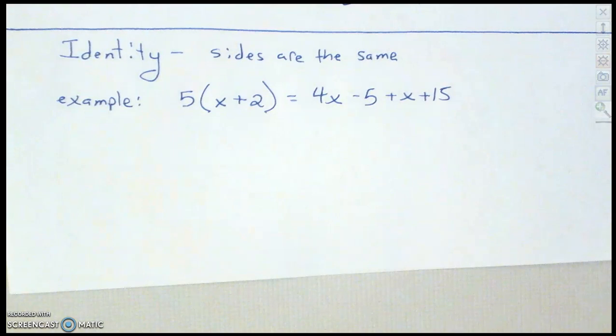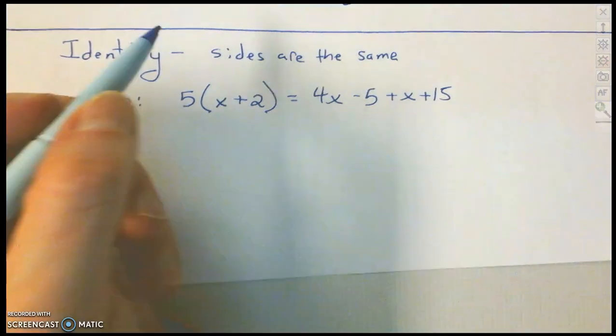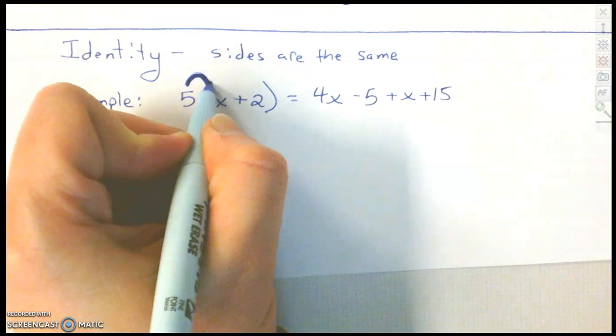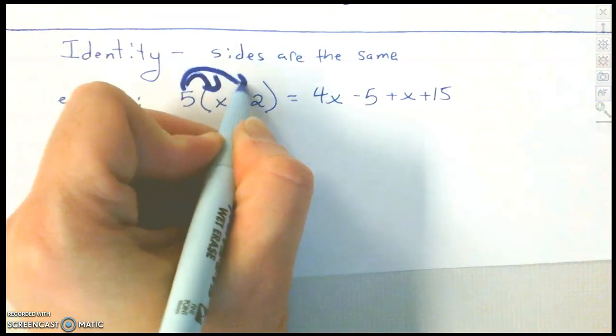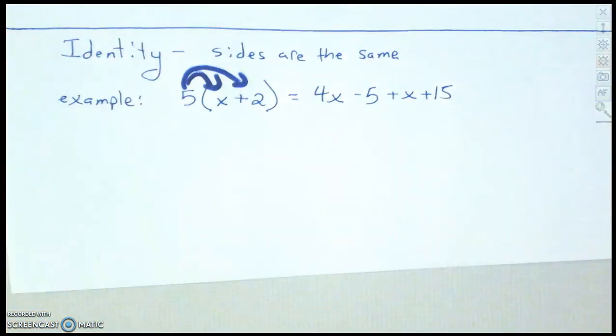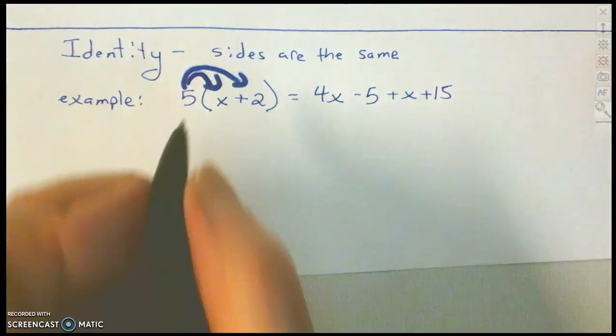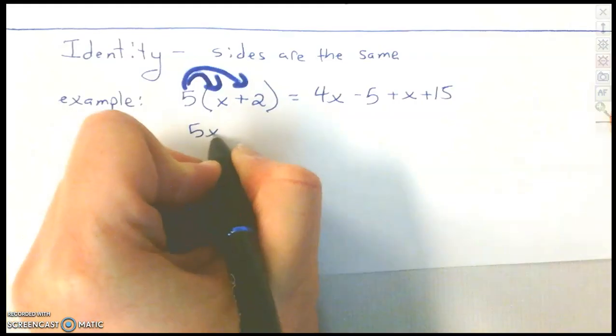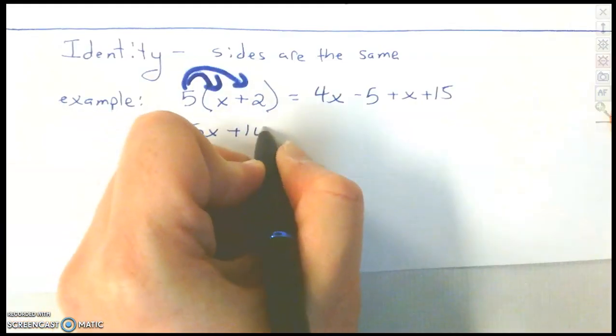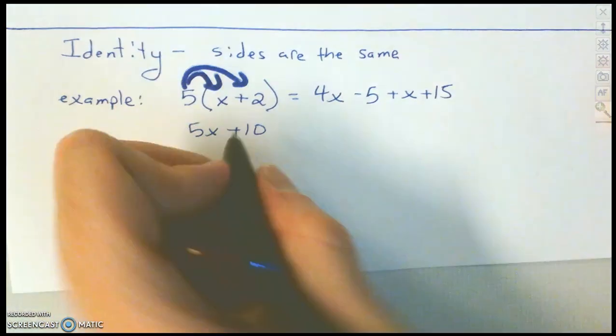First thing we want to do is each side separately. And always try to get rid of your parentheses. We can get rid of that parentheses by distributing that 5 through. That's going to leave me with 5x plus 10.